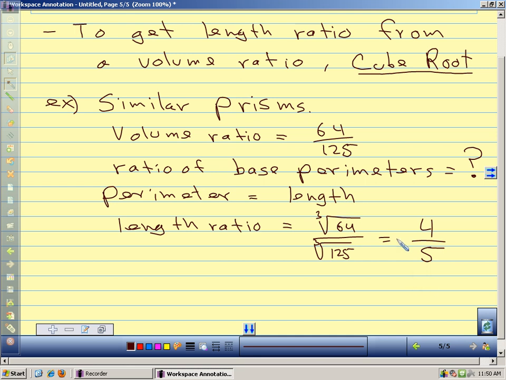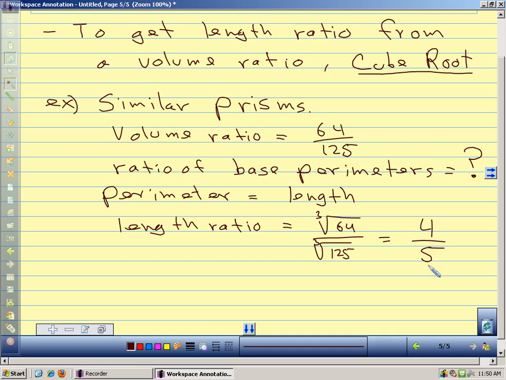Now, what if this problem had asked us, following up on what Jalen said, what if the problem gave us this volume ratio, and instead of the ratio of the base perimeters, it wanted us to find the ratio of the base areas? How would we go about doing that? Square the ratio of what? 4 and 5. So Nick says square the length ratio.